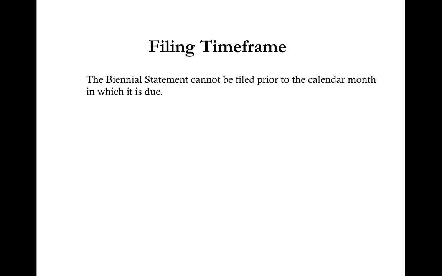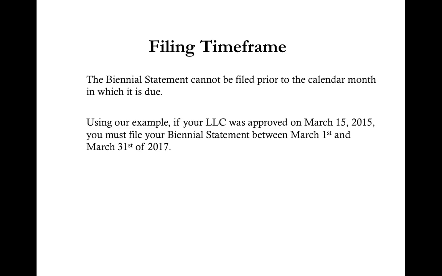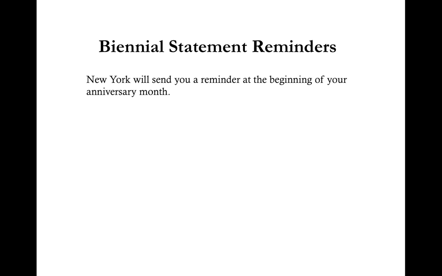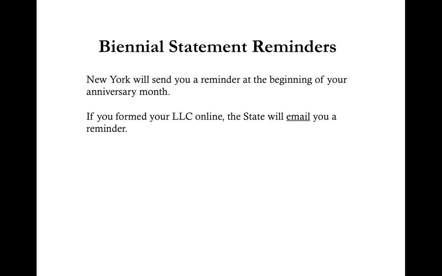The biennial statement cannot be filed prior to the calendar month in which it is due. Using our example, if your LLC was approved on March 15th, 2015, you must file your biennial statement between March 1st and March 31st of 2017. New York will send you a reminder at the beginning of your anniversary month. If you formed your LLC online, the state will email you a reminder.